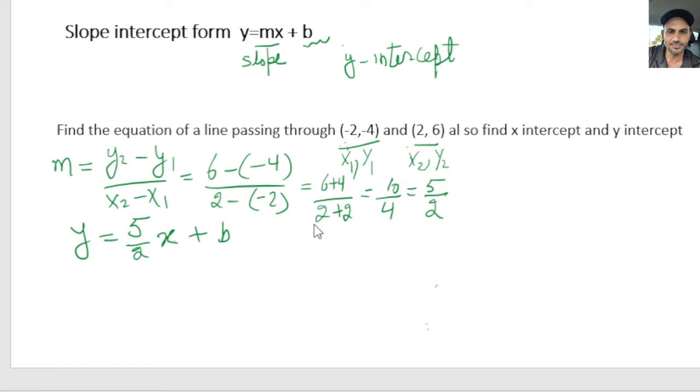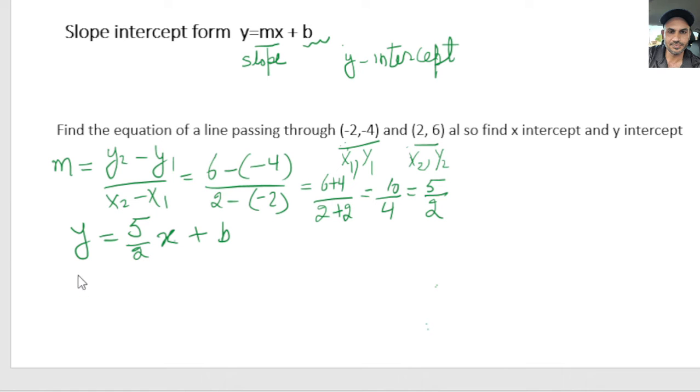Alright. So now the only unknown that is left is b. To find it, we can use one of these points that we have, either this one or this one, whichever seems easier to use. We plug this into the equation for y and x and solve for b. So I'm going to use the second one. It doesn't have any negative sign with it, so all the numbers are positive.